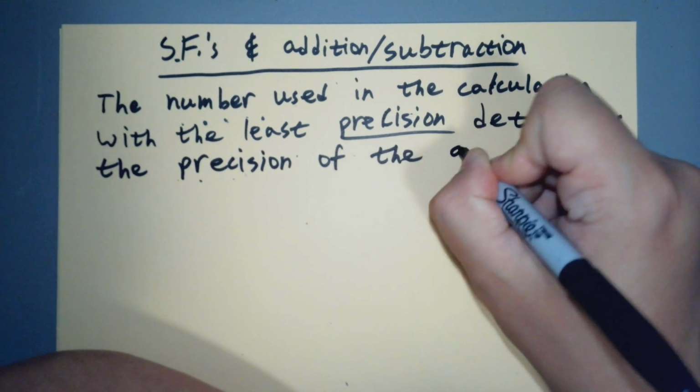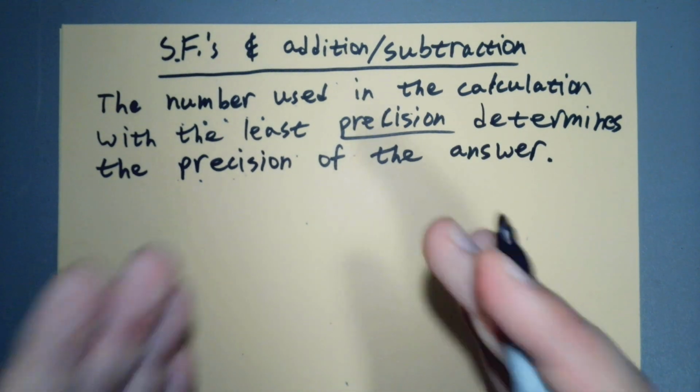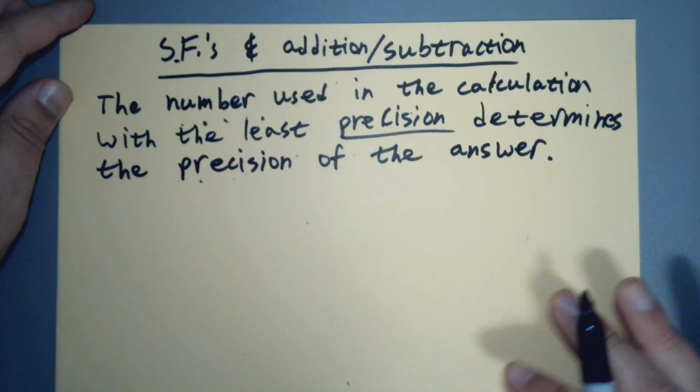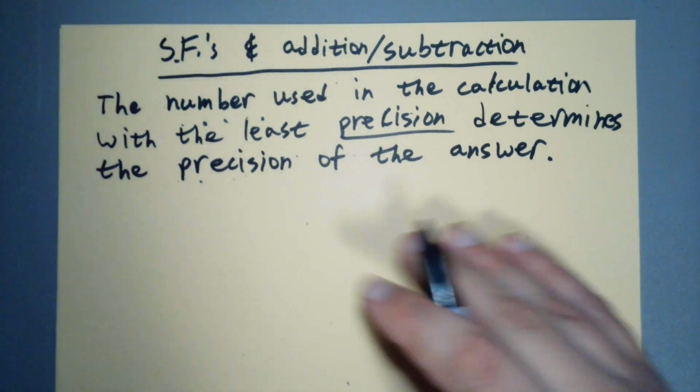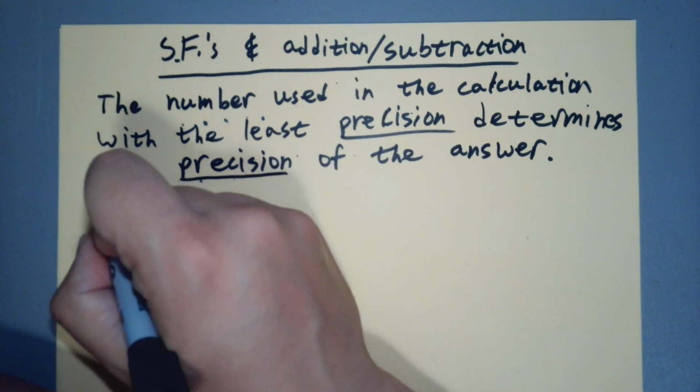So this determines the precision of the answer. Our answer cannot be better than our worst number. That's what it's always going to come down to with these rules. And so addition and subtraction is all about precision.